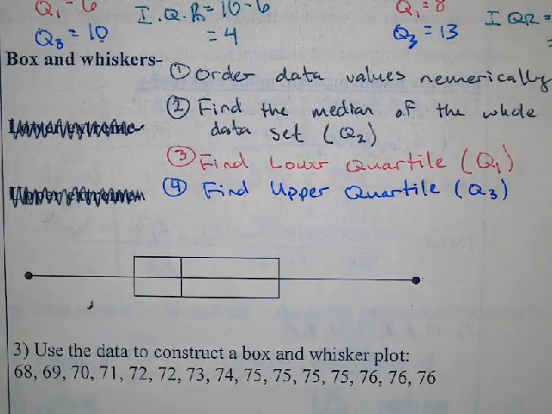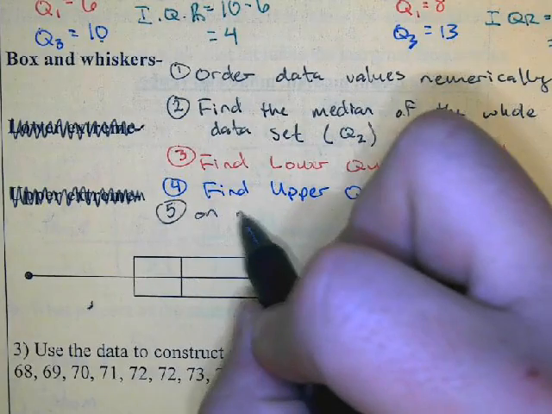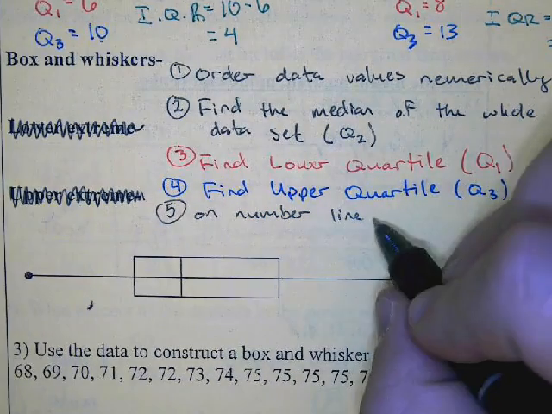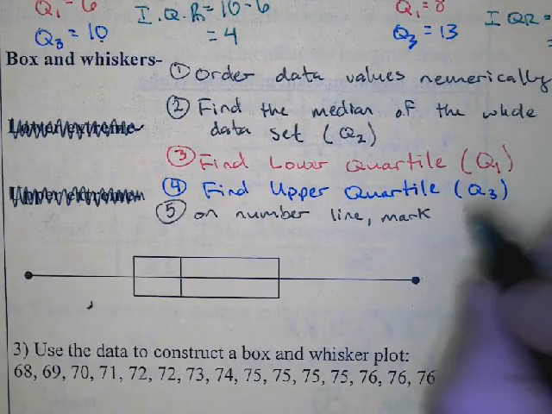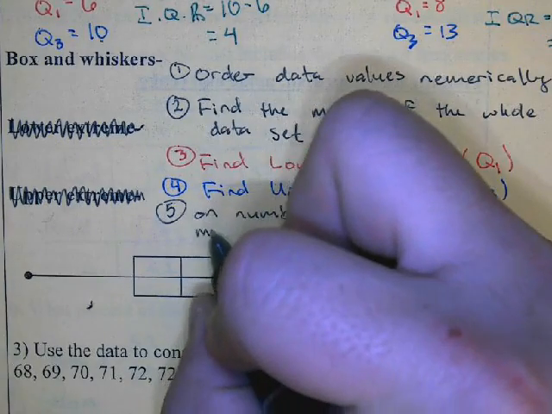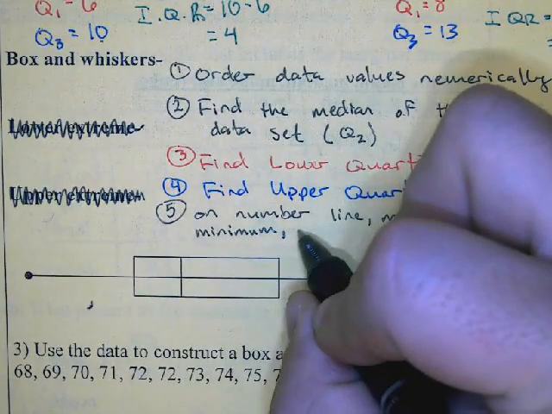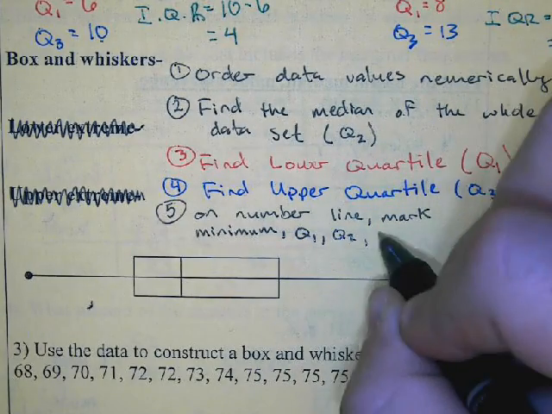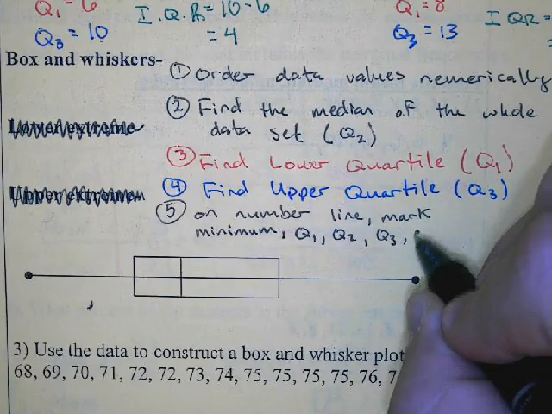Step 5 is on a number line, mark the minimum, Q1, Q2, Q3, and maximum.